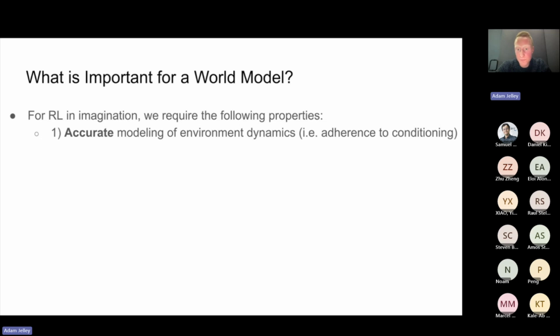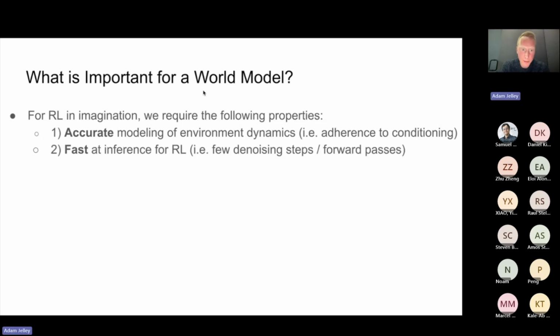And that requires, firstly, that the model is able to generate multimodal outputs and adhere to the conditioning, and in particular, the action that is input, and not just take the modal behavior. And luckily, this is something that diffusion models generally do quite well.